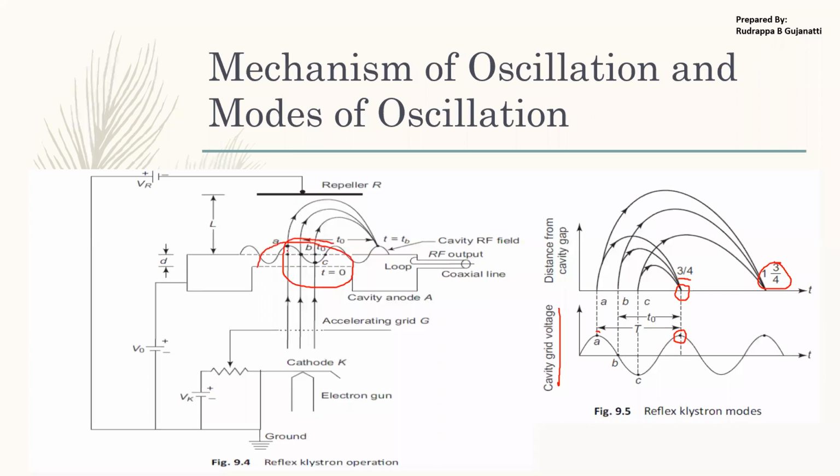There is a possibility that they can interact with the highest value, that is the positive peak, and they can interact with the lowest one, the negative peak, and in between also they can interact. Due to the repeller plate, in the repeller space they get repelled back and get bunched at one point.